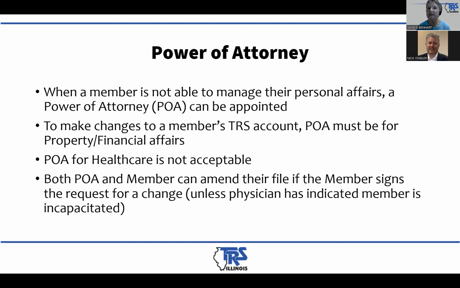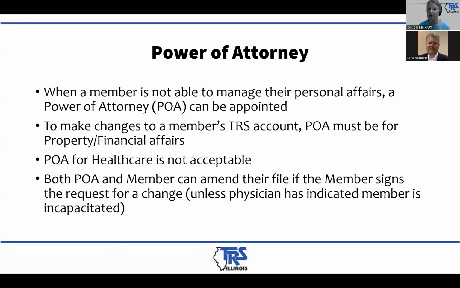One of the categories is property and financial affairs. The other one is healthcare. If you have a power of attorney, but it's only for healthcare, that cannot be used for this purpose. We need the one that says it's for property and financial affairs. So we would get a copy of the power of attorney.